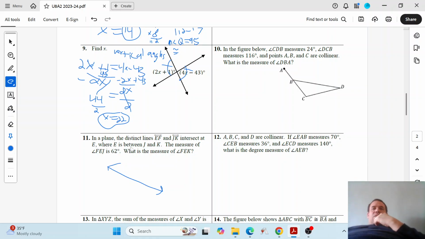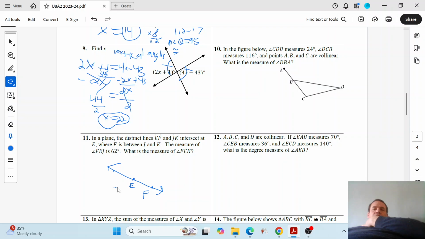Okay, so in a plane, the distinct lines EF and JK intersect at E, where E is between J and K. Let's just say that this is E, and this is F down here.